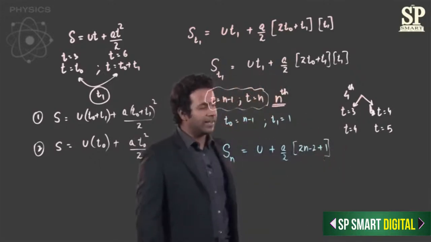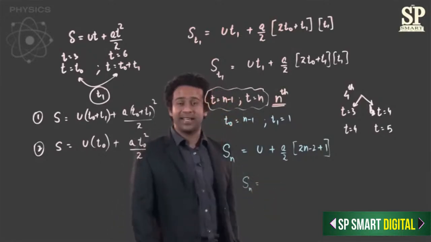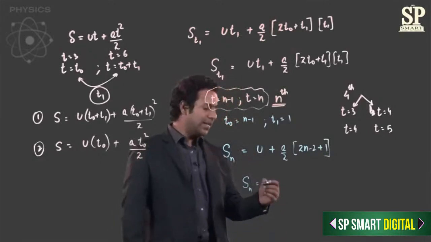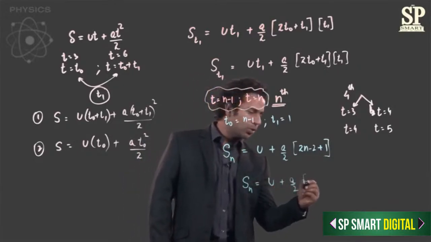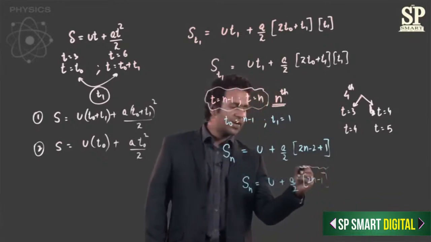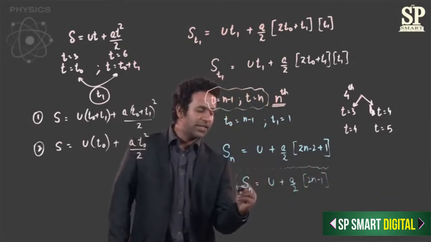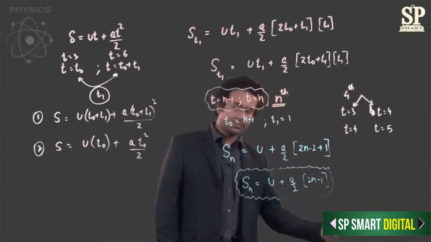So you can leave it here. So you get that Sn, the displacement in the nth second, is equal to u plus a by 2 into 2n minus 1. So this expression gives you the displacement of a particle in the nth second.